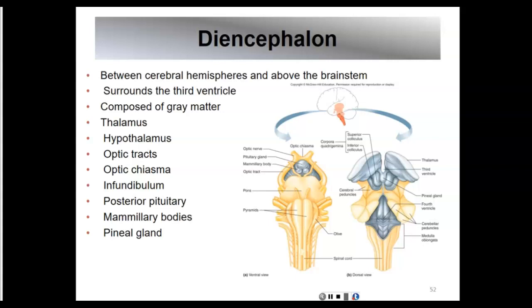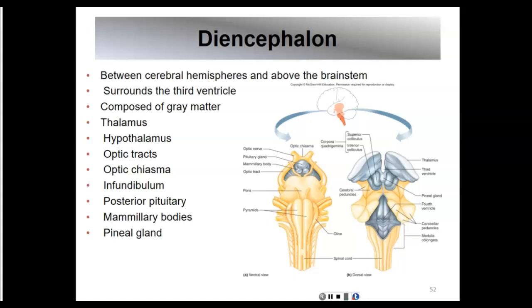It's composed of gray matter, and it consists of the thalamus, the hypothalamus, optic tracts, which are your optic nerves that go to your eyes, the optic chiasma, which is still part of the optic nerve where it crisscrosses, and a structure called the infundibulum. It's like a little tag that holds onto the pituitary gland. We also have mammillary bodies and the pineal gland.